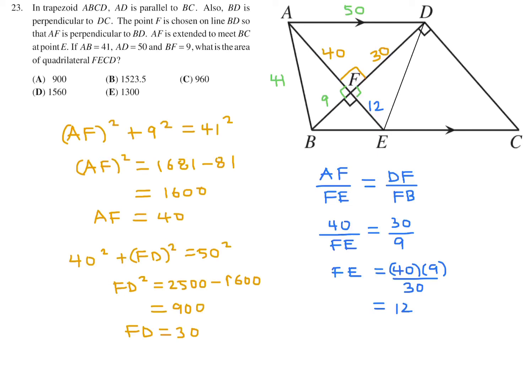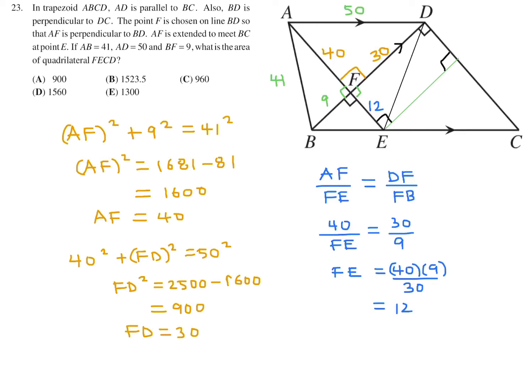And now one step that needs to happen is we need to draw a line from E right here to meet DC, but I'm going to draw the line exactly parallel to DF like this. Exactly parallel to DF, making this a right angle and that a right angle.